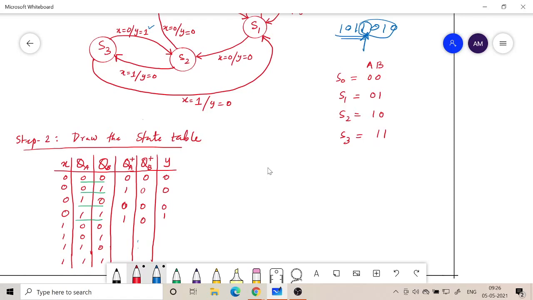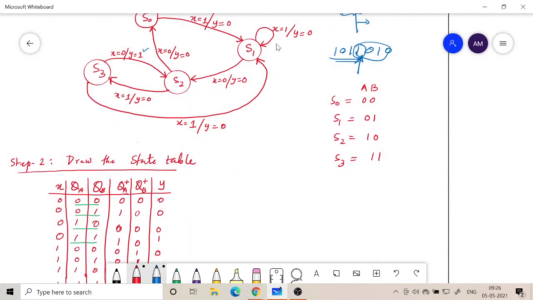Now the input is 1 here. If I get a 1, I move to 0 1, output is 0. And if I am at 0 1, that is S1, and I get a 1, I stay at 0 1. I am at S1 and x equal to 1 came, I stay there itself.